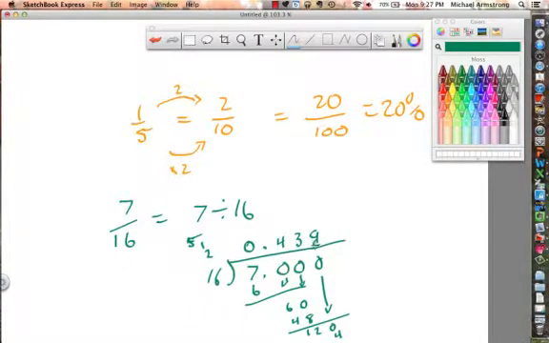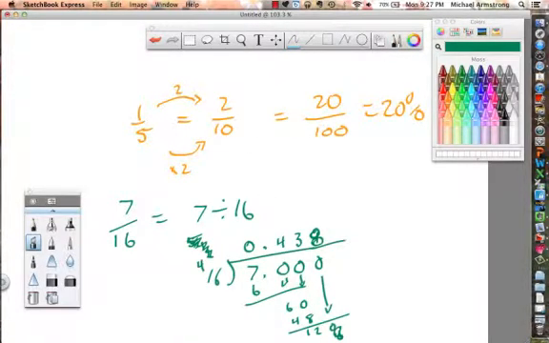Oh, way too big. Let's try 8. 8 times 6 is 48. 8 times 1 plus 4 is 12. That's still too big. So 7 is what we get. And we're not going to get a good answer. We're going to have to just keep on going.